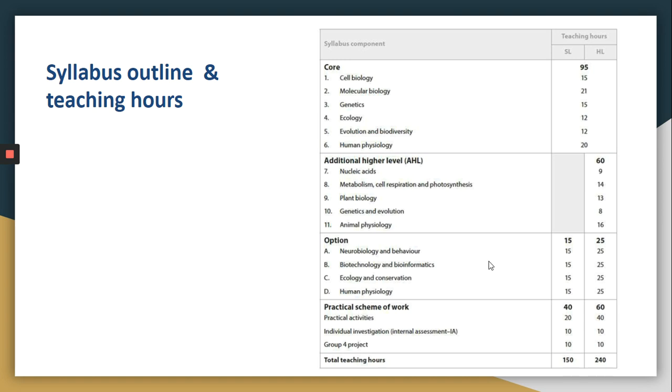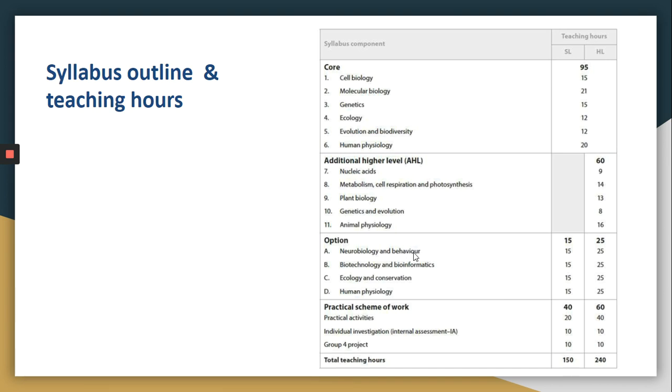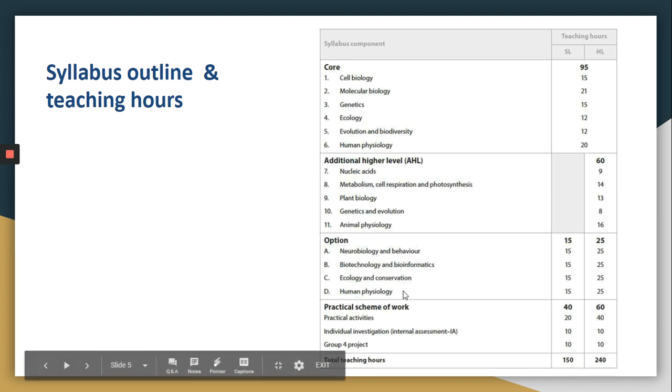Also there are 25 hours for higher level and 15 hours for SL level for another option. You will choose only one option among these 4, and usually in our department we teach human physiology.